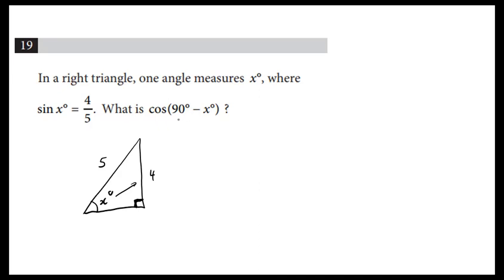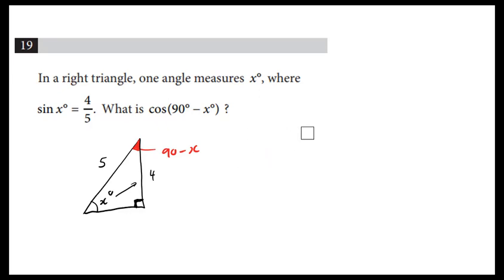Now, I'm trying to find cos of 90 degrees minus x. So what I should know is that there's 180 degrees in a triangle. So if this is 90 and this is x, then this angle here has to be 90 minus x. Okay, because if you do x plus 90 minus x, they cancel and you're left with 180 degrees.